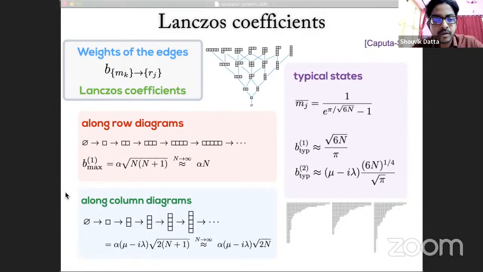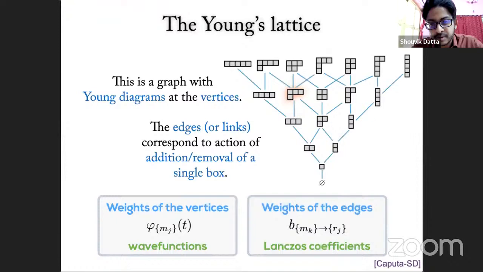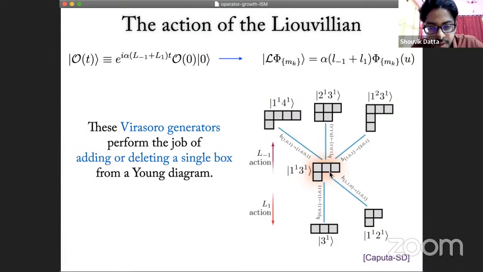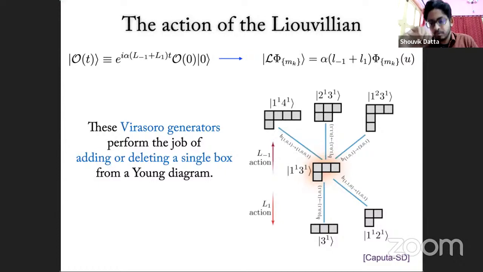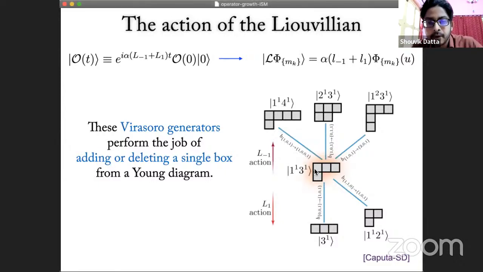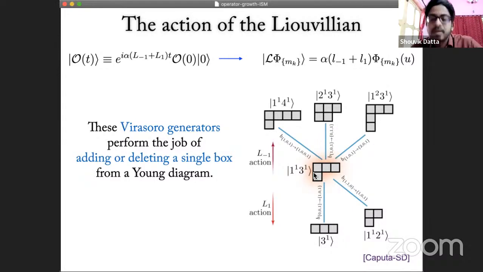So it depends on the details of the integer partition. That's the reason why you see different numbers for it. For instance, over here, I've labeled the Lanczos coefficients between two specific Young diagrams. So there is a very fine-tuned dependence on the details of the integer partition. Okay, I see. So it's sort of like it's chaotic along one path and integrable along the other? Yes, something of that kind.